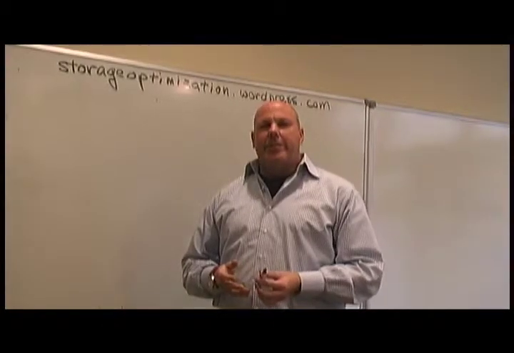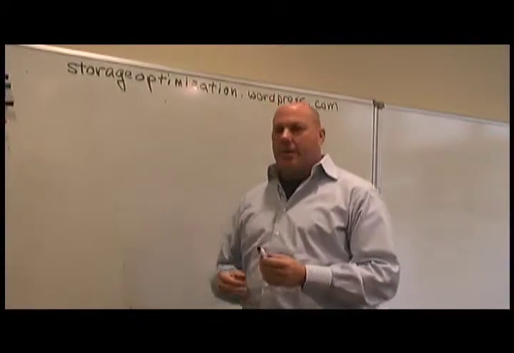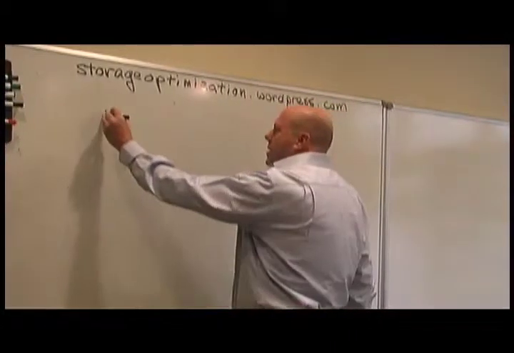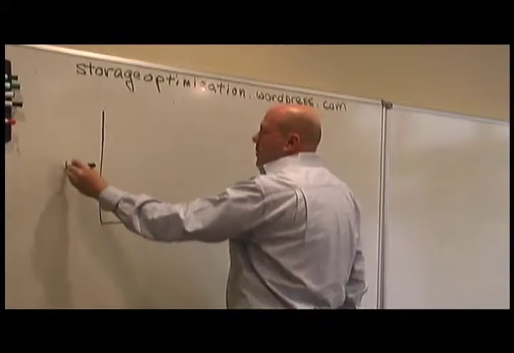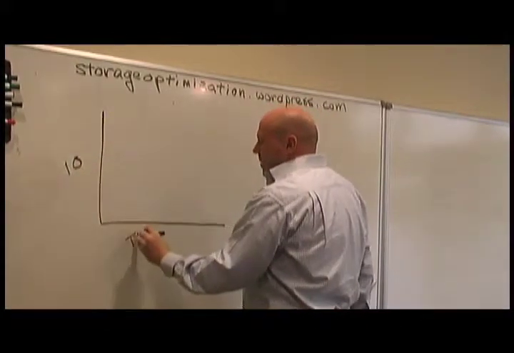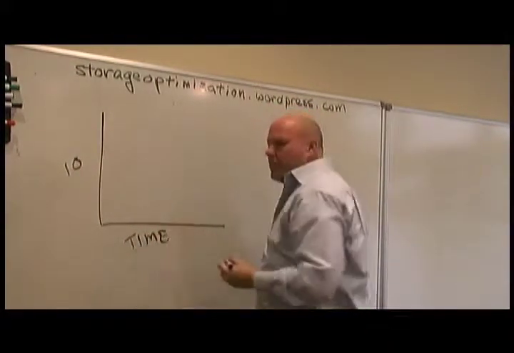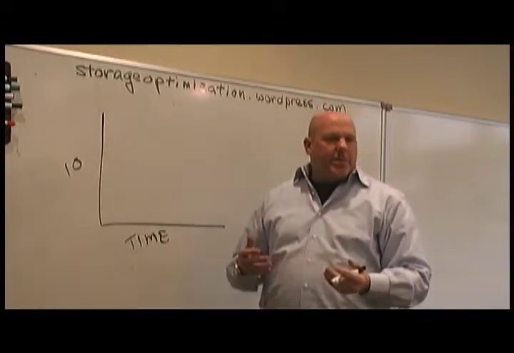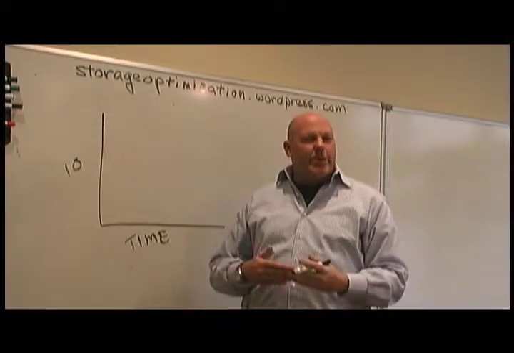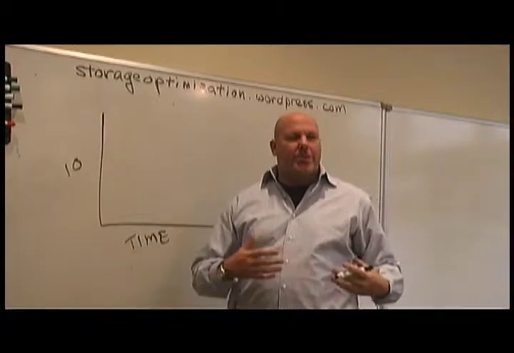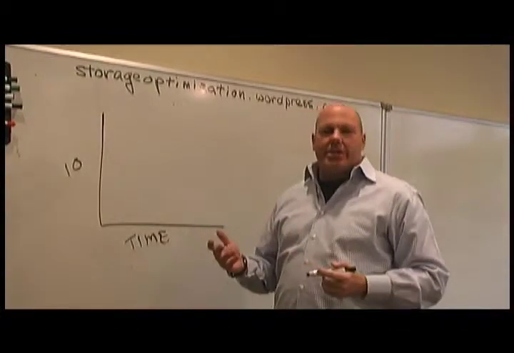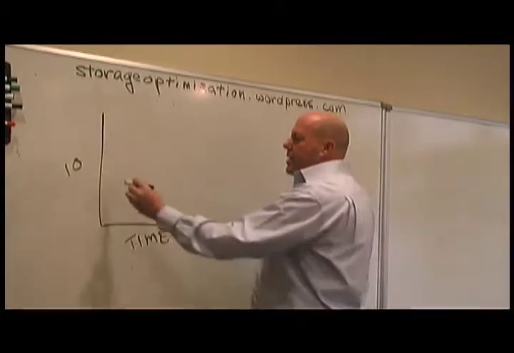So let's give an example of how this actually works in the real world, the histogram. So we have the amount of I/O and we have time. Let's think about a website that hosts people's content, whether you're uploading photos, you're uploading videos, you're storing your files there, you're posting messages to a social network. Here's what happens.